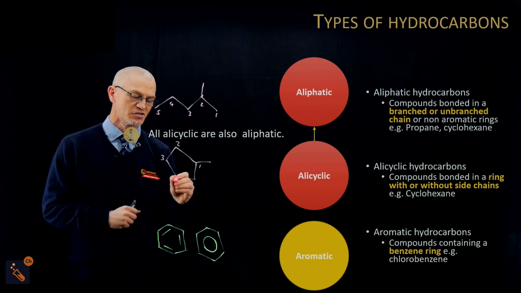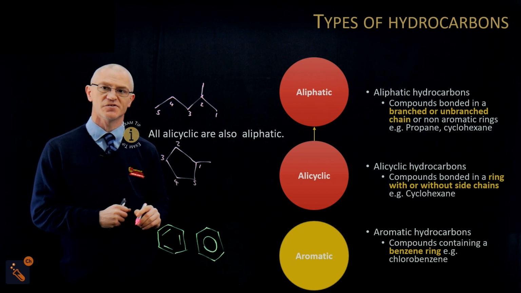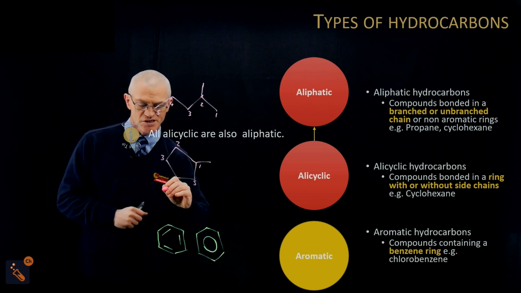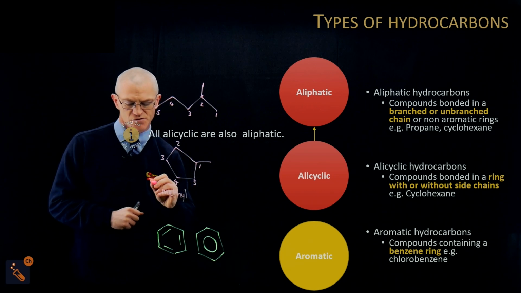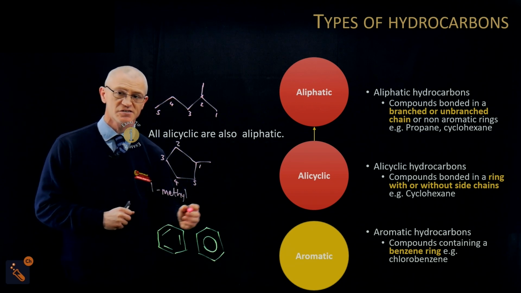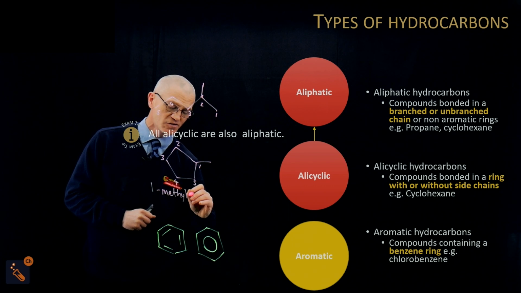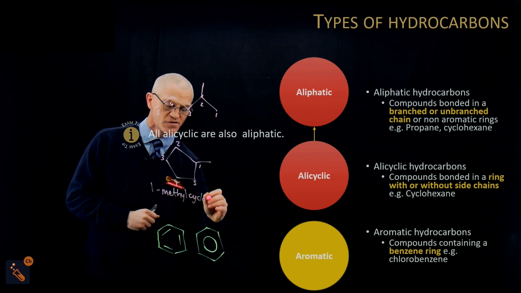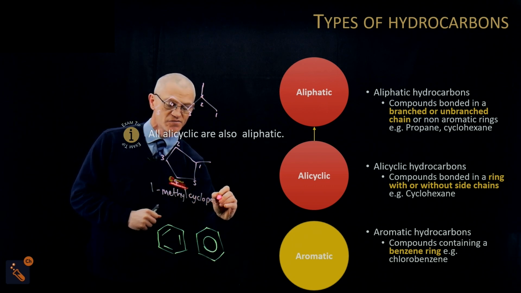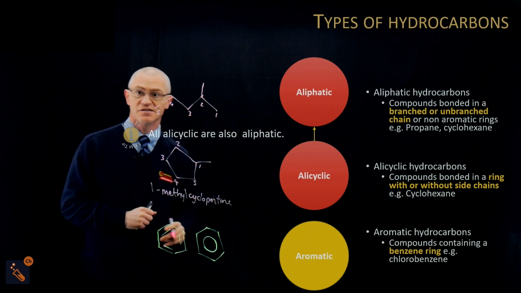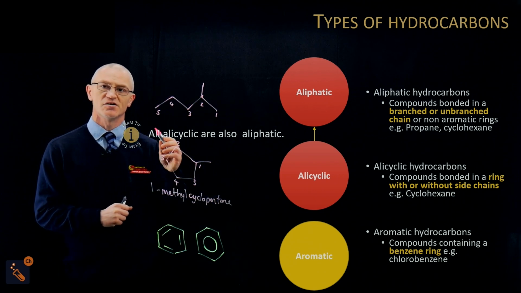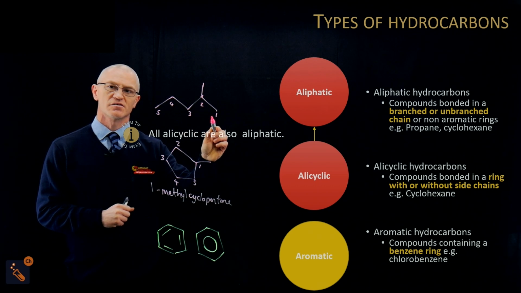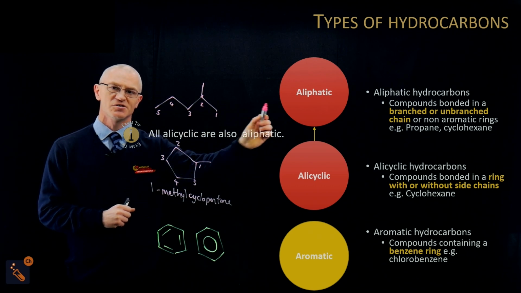And then we've got 3, 1, 2, 3, 4, 5. So this would be methyl. Okay, and you can call it 1 methyl if you want, but it's not really necessary. So 1 methyl, and it'd be cyclo, it's 5, so cyclopentane. So we've got this methyl pentane, which is aliphatic.